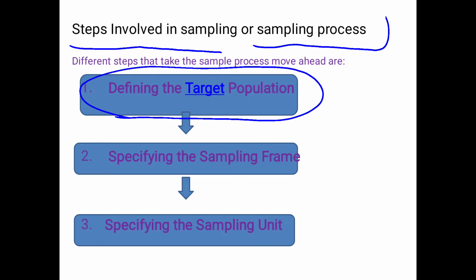In simple words, the target population is the population that you wish to study. It is the first step of your sampling process.